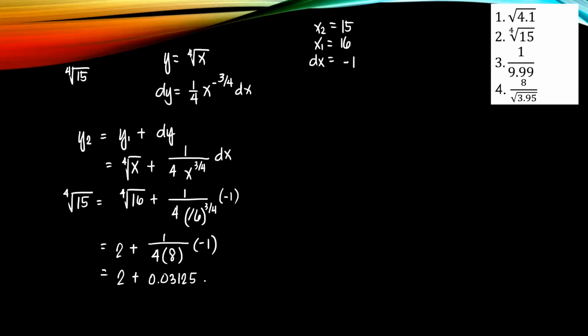Am I correct? Times -1. So that means 2 minus 0.03125. What is the approximate, guys?